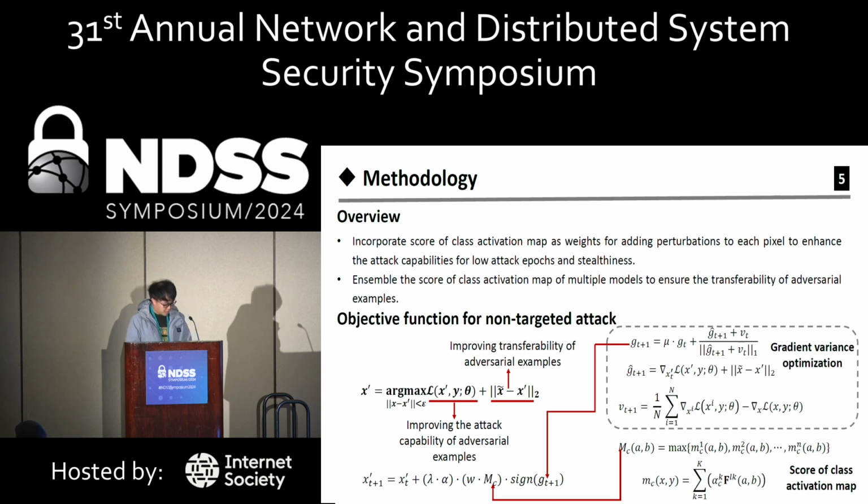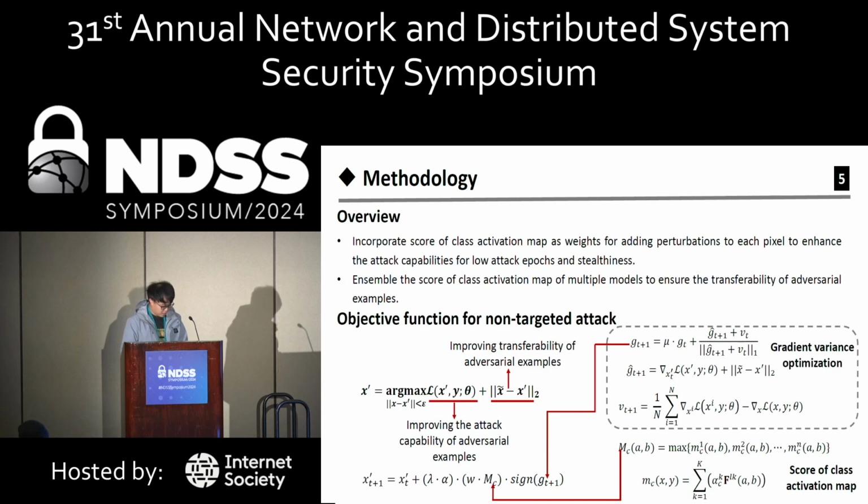Several et al. utilized machine learning interpretability tools such as Shapley additive explanations to generate malware samples that would be misclassified as benign samples by a classifier. Inspired by their work, we attempt to employ class activation mapping, or CAM, to generate adversarial examples.